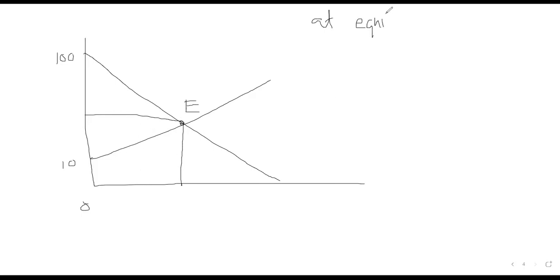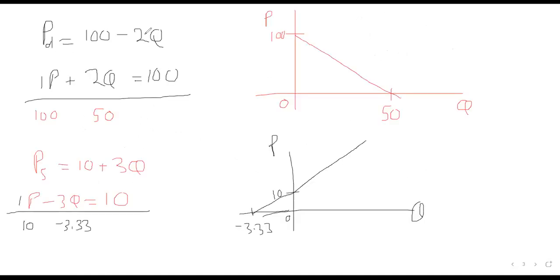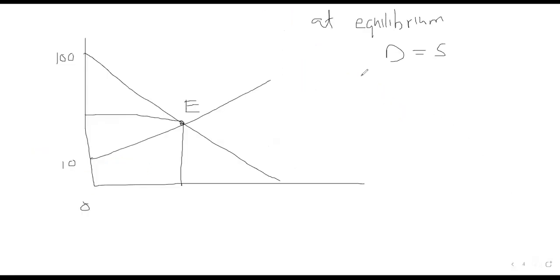At equilibrium, supply is equal to demand. So demand is equal to supply, correct. And our demand function, do we remember? Our demand function was given by 100 minus 2Q, and our supply, 10 plus 3Q. So let's put them there to calculate it. 100 minus 2Q equals 10 plus 3Q.